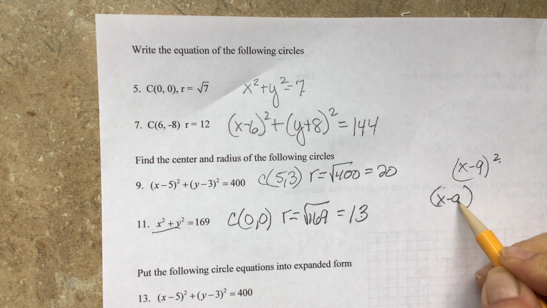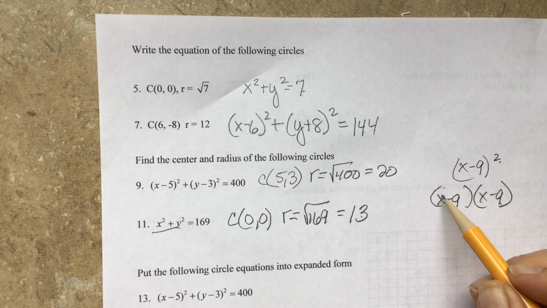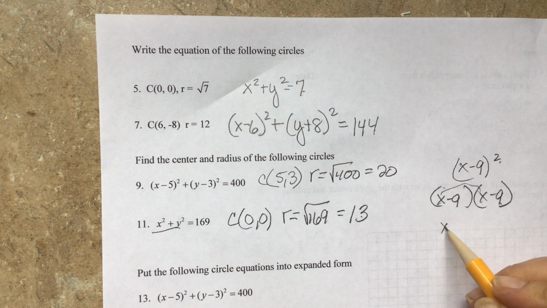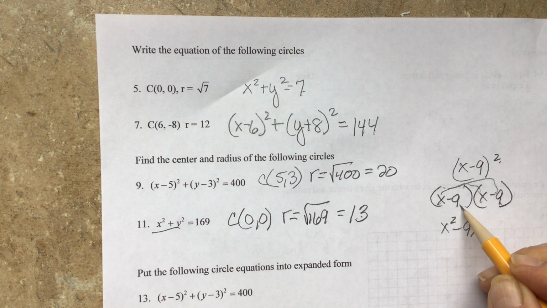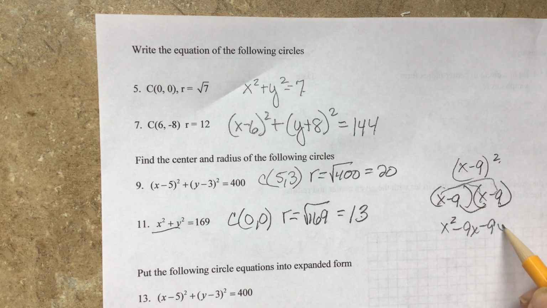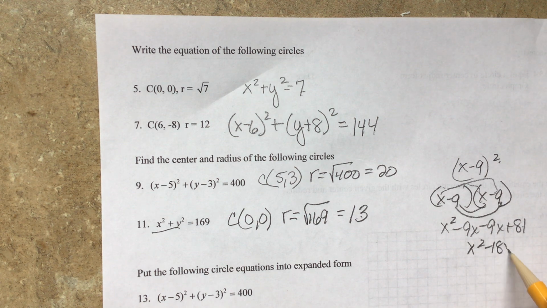This is going to be x minus 9 times x minus 9. So if I do my double distribution, I get x squared minus 9x minus 9x plus 81. So it will be x squared minus 18x plus 81.